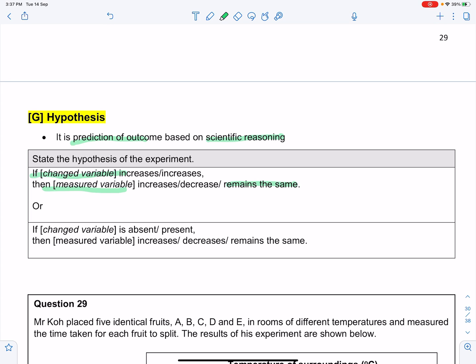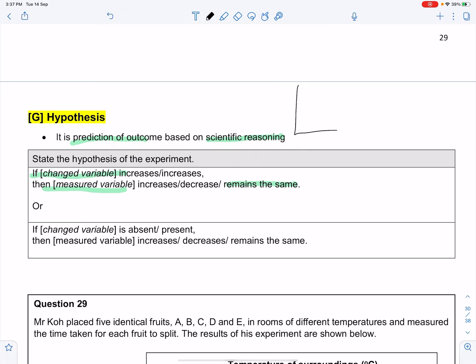Okay, so if you have a graph, the relationship that you state is proven in the graph. So it is not a prediction question. So if the graph shows something like this, okay, they show you a graph.